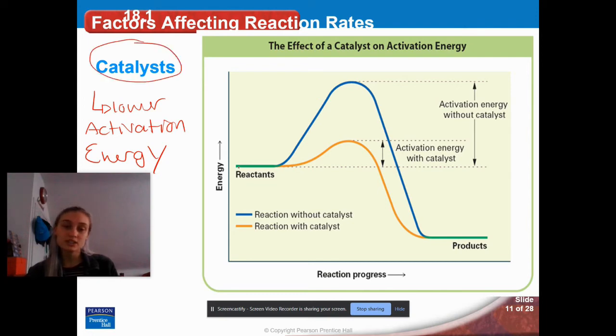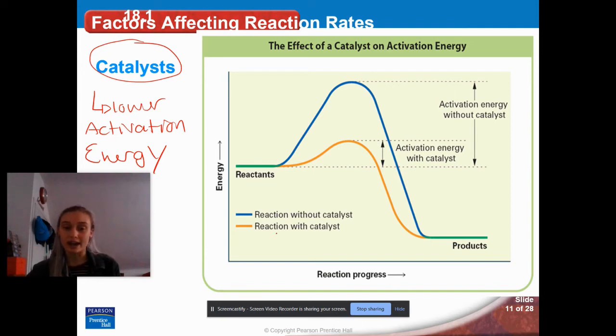And so we can see the original reaction is here in blue. You've seen this because I've showed this to you. So you have this reaction here in blue, and it goes up because this is the original activation energy, and then goes back down when the products are formed. But say it's really, really hard to get this much energy, like it's really difficult. And so the reaction takes forever and is really slow.